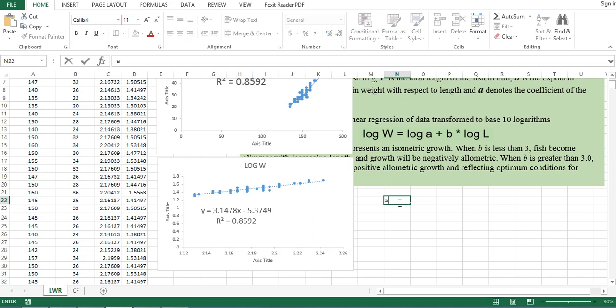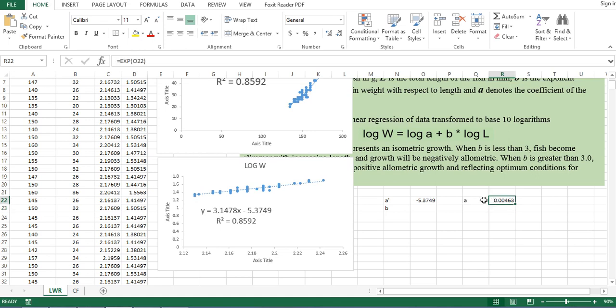So a dash is your minus 5.3749. Now you have to make this a dash into a. So a is equal to the exponential of this value.